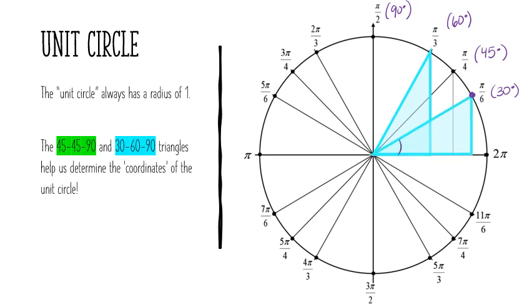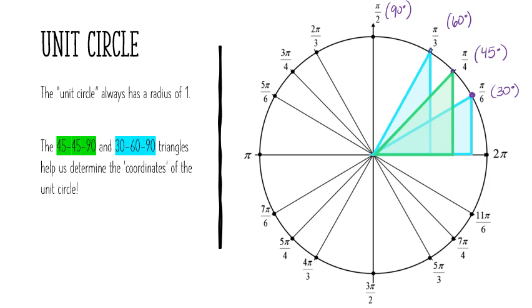A 30-degree angle here, a right angle, and then our 60-degree angle. We also have a 45, 45, 90. So we've got our 90-degree angle and then our 45-degree angles. There are a bunch of those that we can end up drawing inside of this circle that coordinate with these various points that we're interested in.